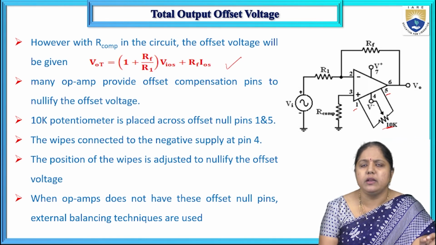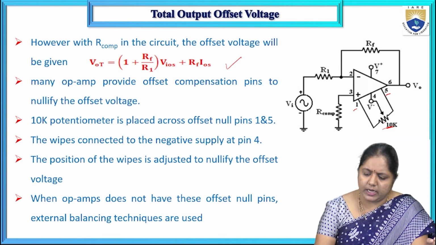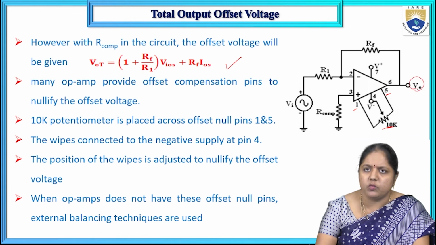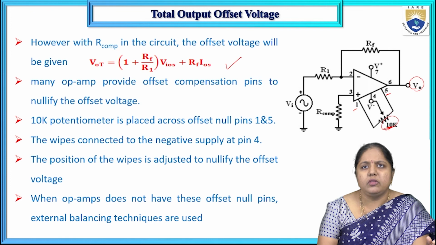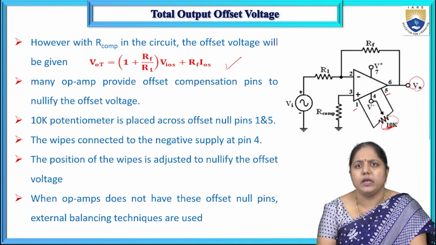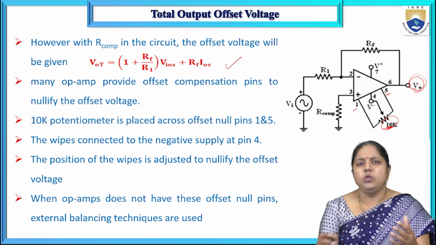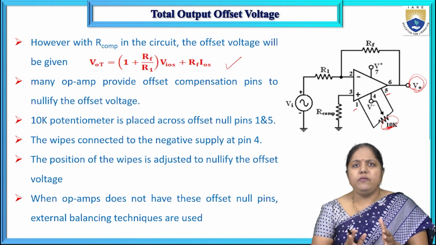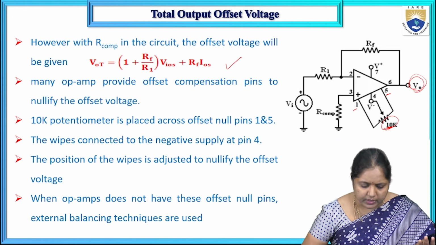Just by adjusting this resistance value until I get the output offset voltage equal to 0, I will adjust it using the potentiometer. At some particular point, I will get the total output offset voltage equal to 0. That is the nullification of this total output offset voltage, right?